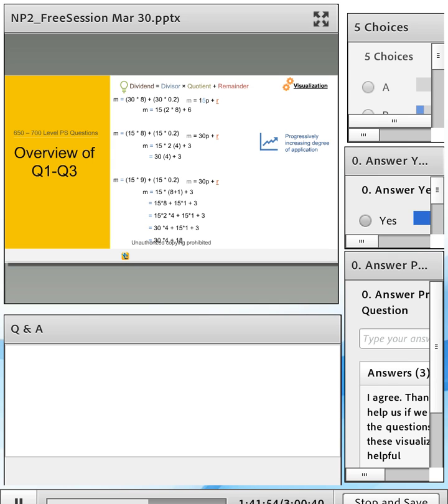Okay. Now, when you learn visualization over here, it's not that this visualization would not be applicable to, let's say, another kind of number properties question. It definitely will be. Or let's say another kind of algebra question. Right now we are talking about divisibility and remainders, that's why we are simply working in the realm of divisibility and remainders.